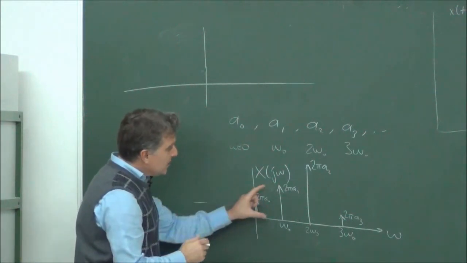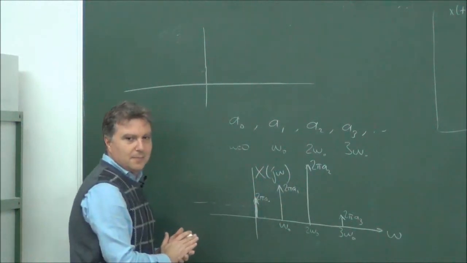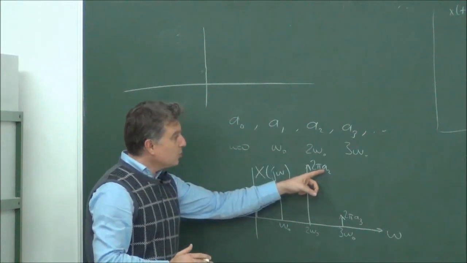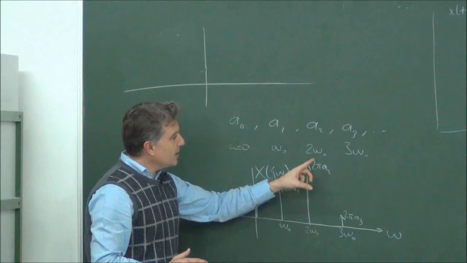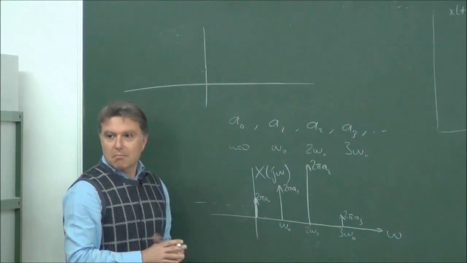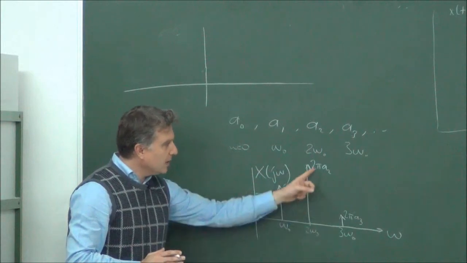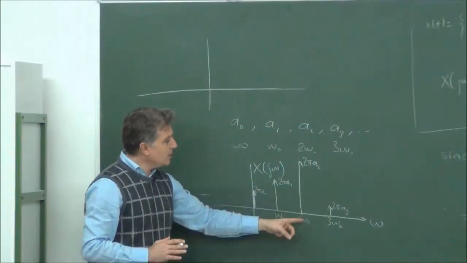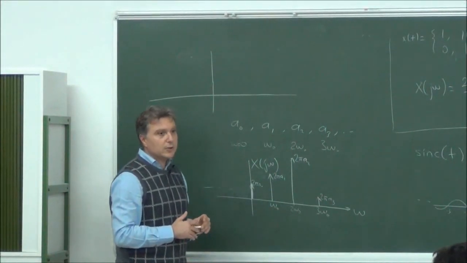So find the Fourier series coefficients and insert impulses there. The magnitudes of the impulses are proportional to the Fourier series coefficient value and obtained by multiplying that value by 2 pi. And the corresponding location of the impulse is at the corresponding harmonic frequency. For a2 it is 2 omega 0. For a3 it is 3 omega 0. That's how you should do it.